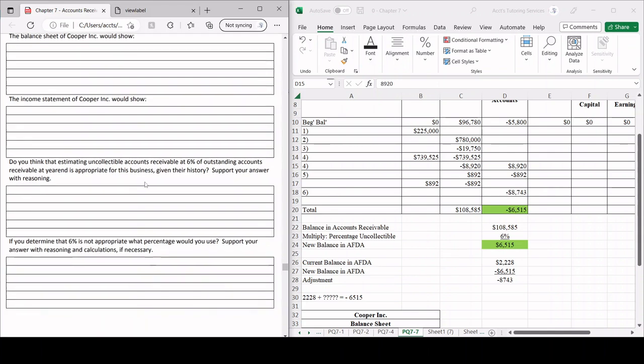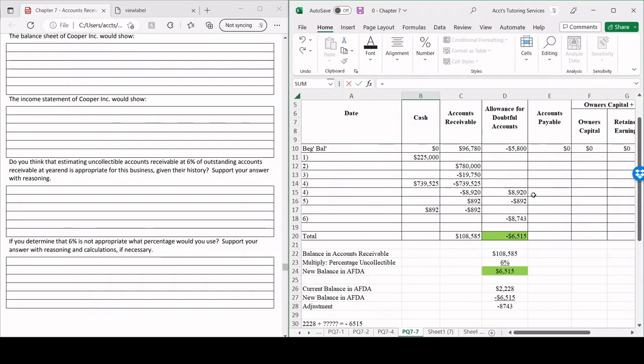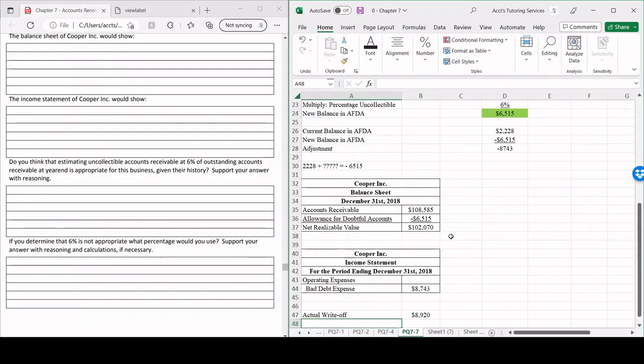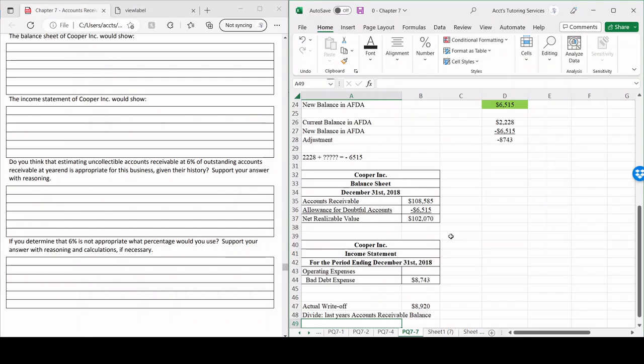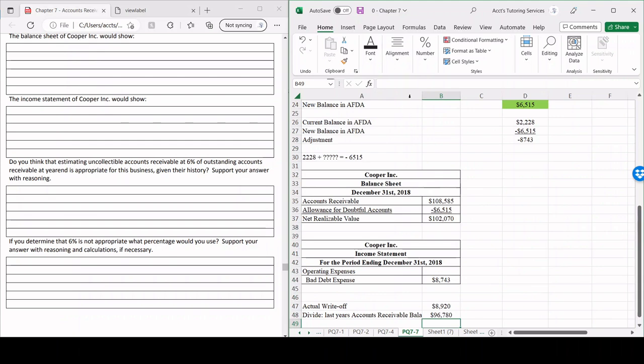If you determine that 6% is not appropriate, what percentage would you use? Support your answer with reasoning and calculations if necessary. So we're going to essentially take the actual write-off, which we said was 8,920, and we're going to divide this by last year's accounts receivable balance. And last year's accounts receivable balance was 96,780.